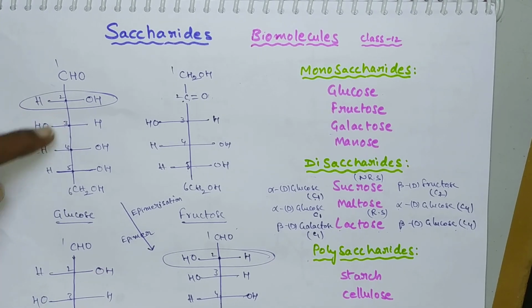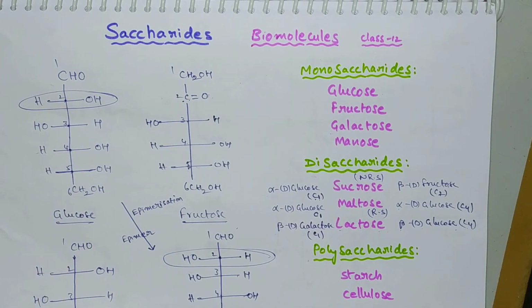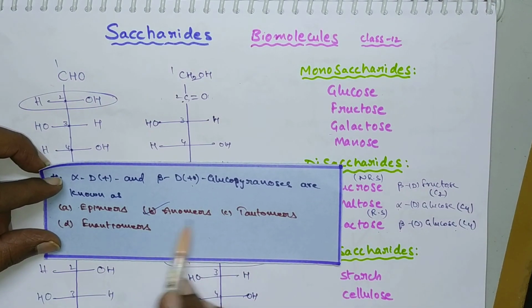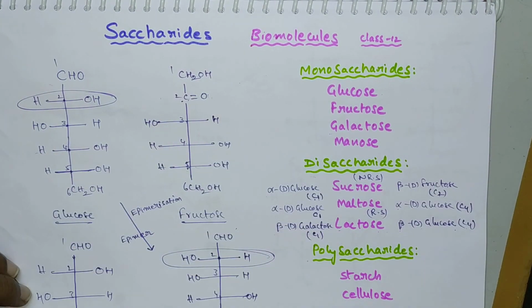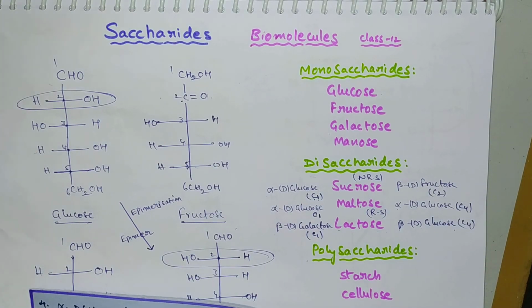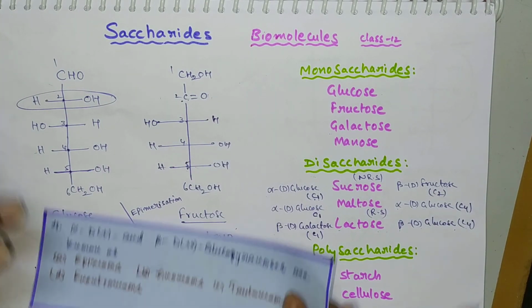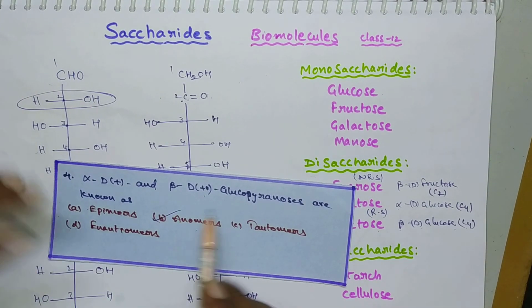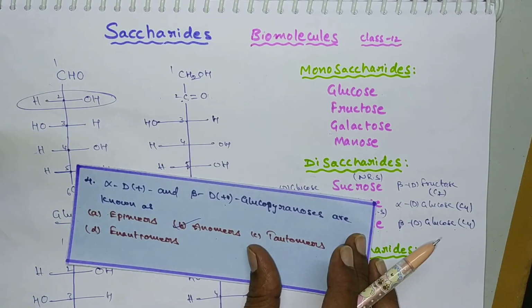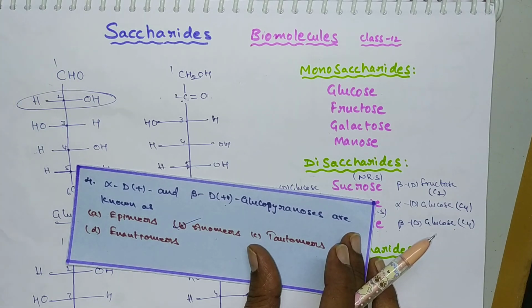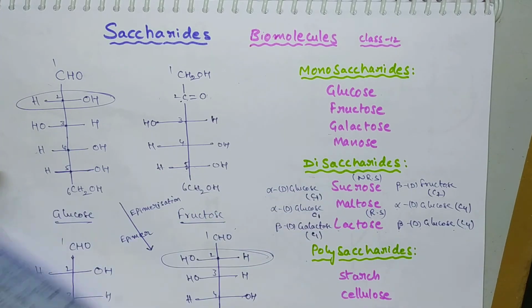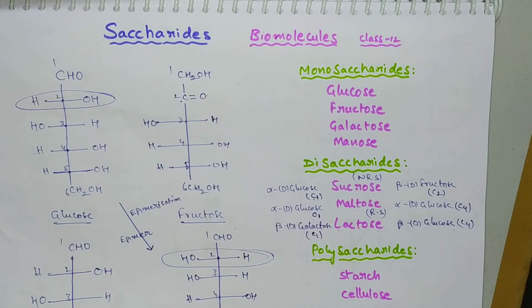So glucose and mannose are epimers, whereas alpha D glucose and beta D glucose pyranoses exist as anomers because the non-superimposable mirror image relationship is at the first carbon only. Okay, clear? If the relationship is at the first carbon, they are called anomers. If it is at any one carbon other than the first carbon, they are called epimers. Okay, clear?